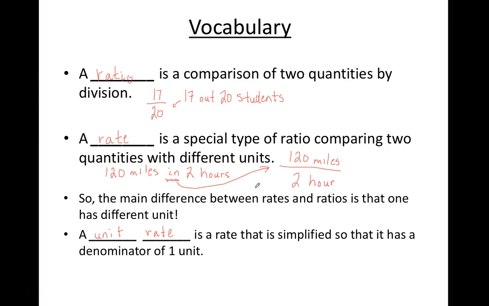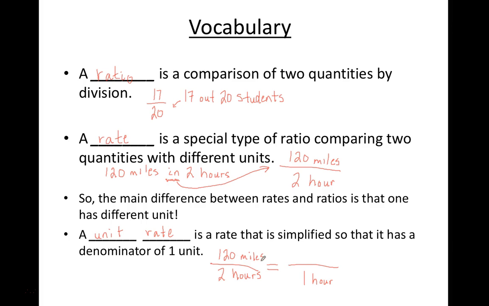So back to the rate up here of 120 miles in 2 hours. This is saying that we can simplify this rate of 120 miles in 2 hours to having a denominator of 1, or just 1 hour.